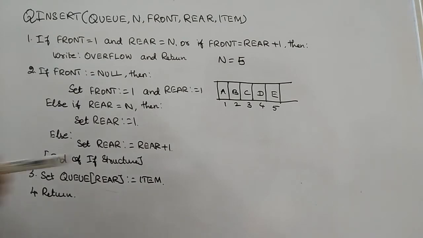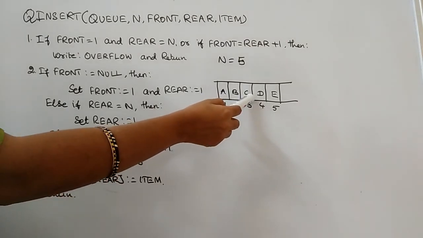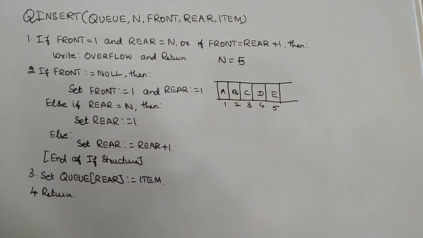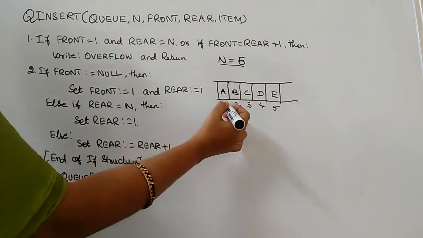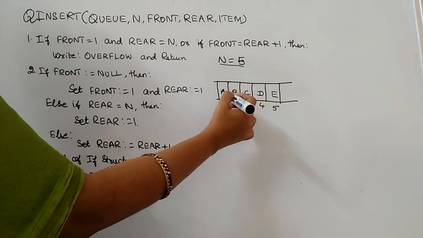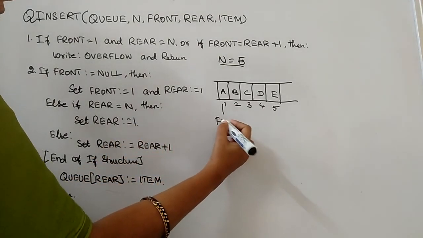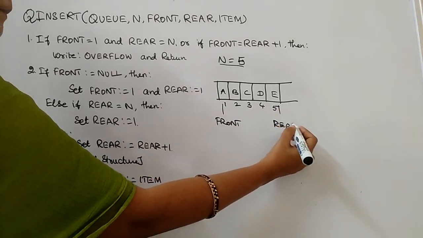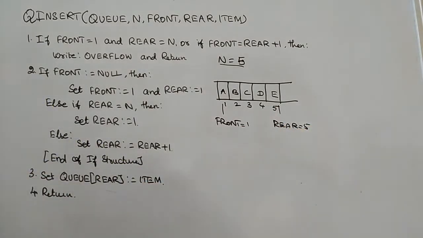For example, in the first cell I have person A, in the second place B is standing, then C, then D and E. Here the maximum size of the queue is 5 only. As per this diagram, all 5 spaces are occupied. This position is the front and this one is the rear. So front is equal to 1, rear is equal to 5.